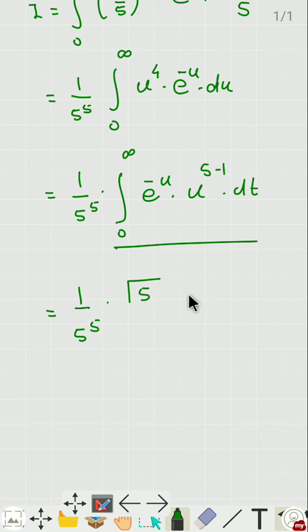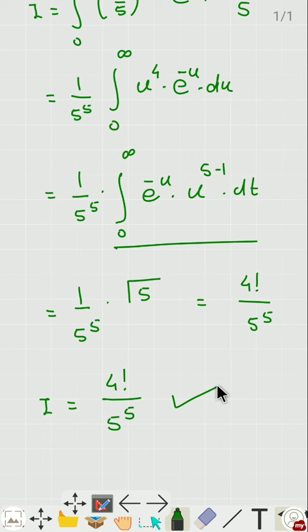So we know that gamma 5 is nothing but 4 factorial. So the final value of the integration is 4 factorial upon 5 raised to 5. So this is the answer of this integration.